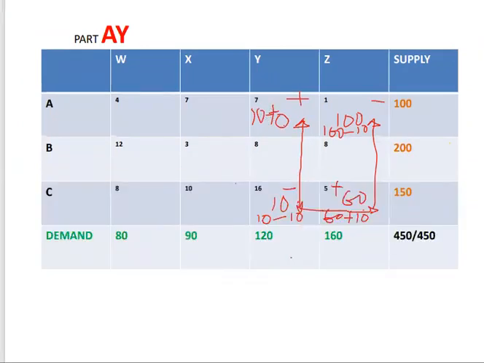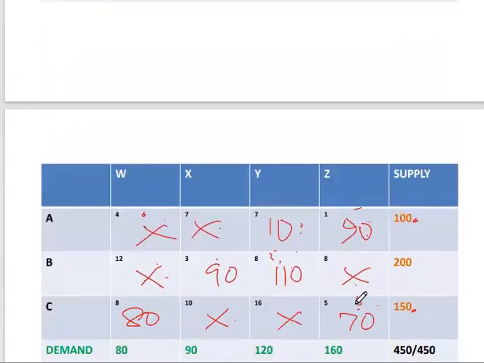Do you understand it now? Initially we didn't use AY and we spent 2,350. Now that we are allocating 10 units to AY, we are saving 15 naira.